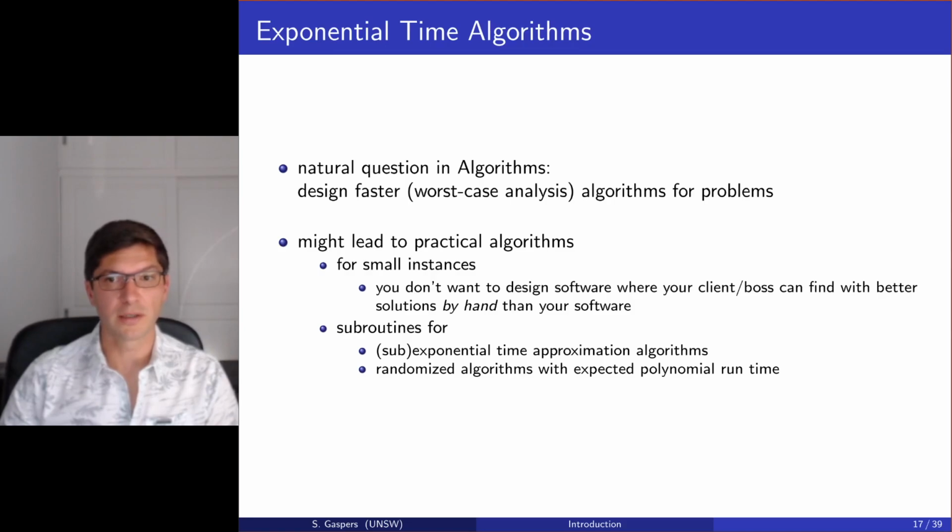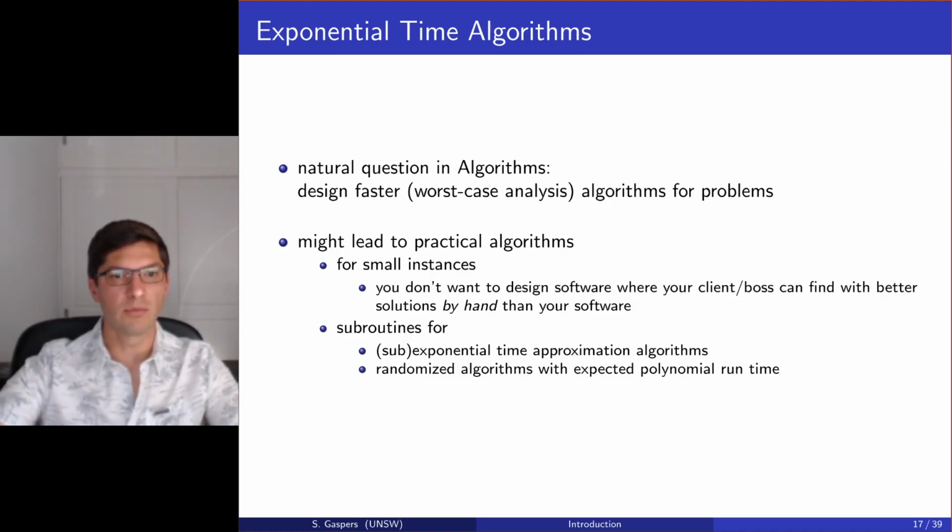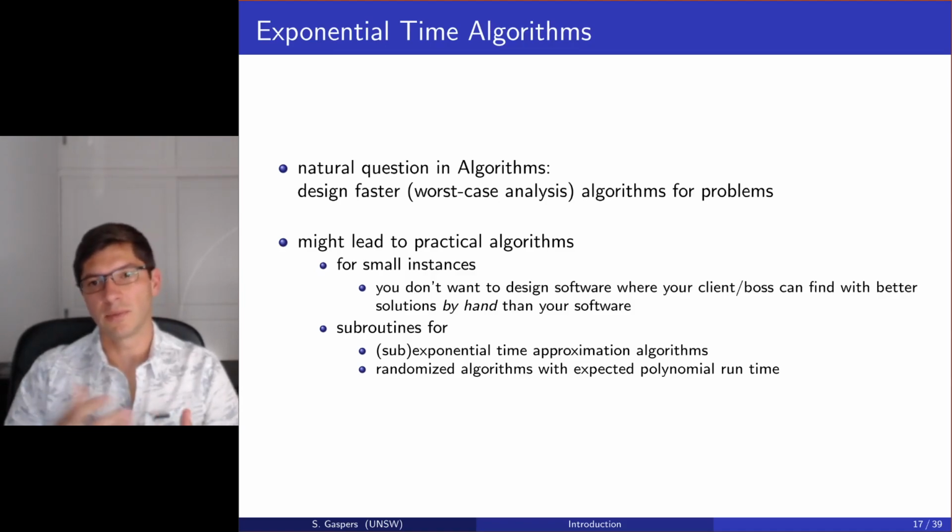This might lead to practical algorithms for small instances, and it can also lead to efficient subroutines for other algorithms. For example, if we have an approximation algorithm that first divides up the graph and then wants to solve each part exactly, then we get some nice approximation algorithms.